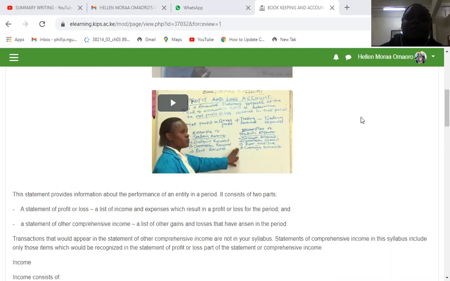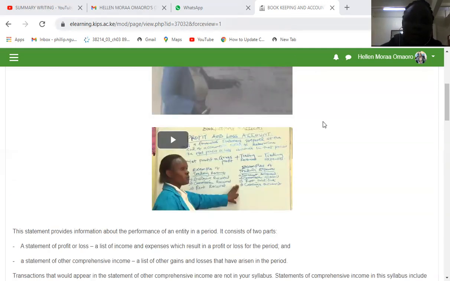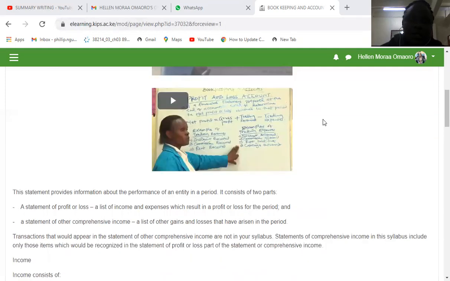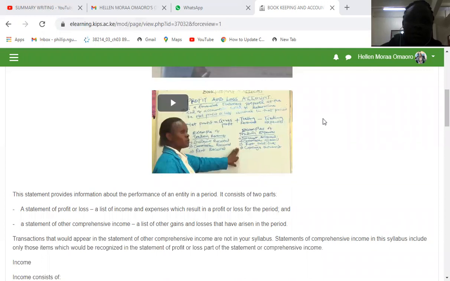So let us look at the cost of sales. How do we get the cost of sales? Cost of sales equals opening stock and net purchases, then you less closing stock.